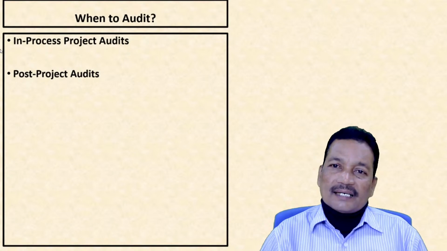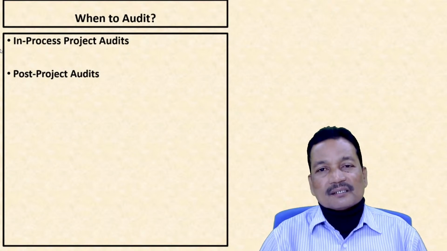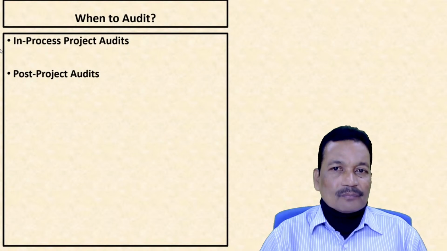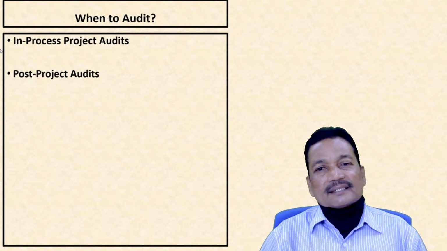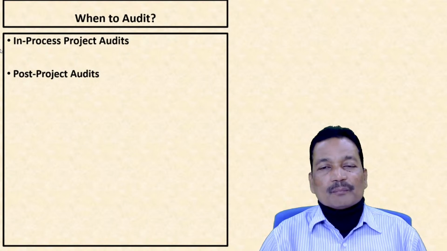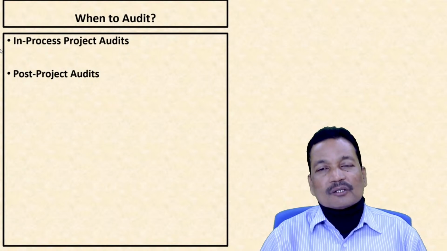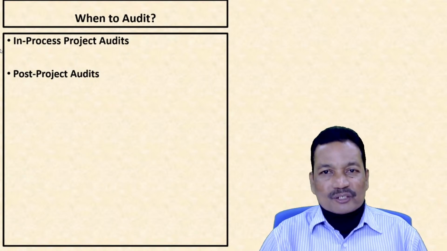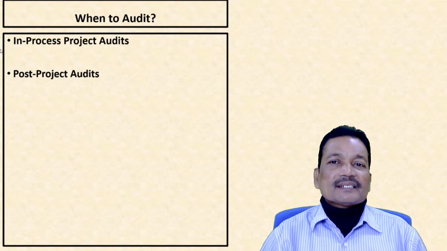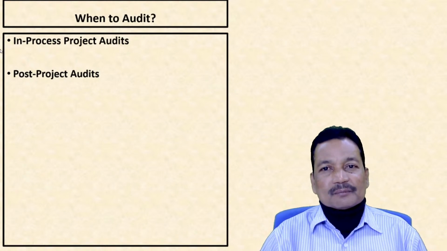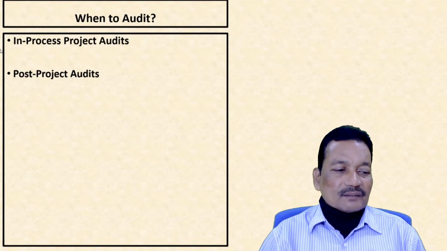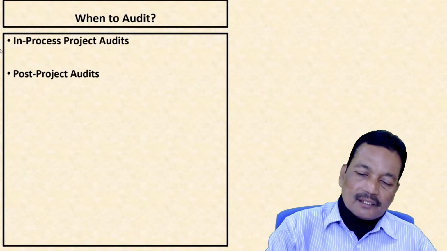One is right at the end of the project, immediately it is taken up, or another way is once the project is completed and it starts its operations, we can check whether the deliverables of the project over the future years is actually happening as per the set standards. So in two ways we can have post-project audits.